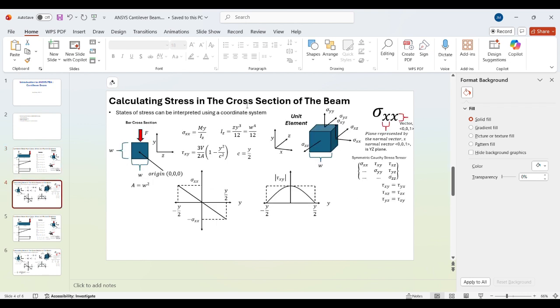Now for stress, if you remember from your solid mechanics course, our bending stress is My over I, where I is the moment of inertia. And this is the equation for the max shear stress as a function of y. And you'll see from this equation that it peaks in the middle.